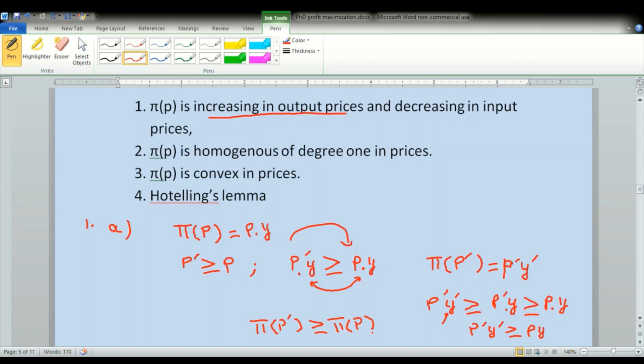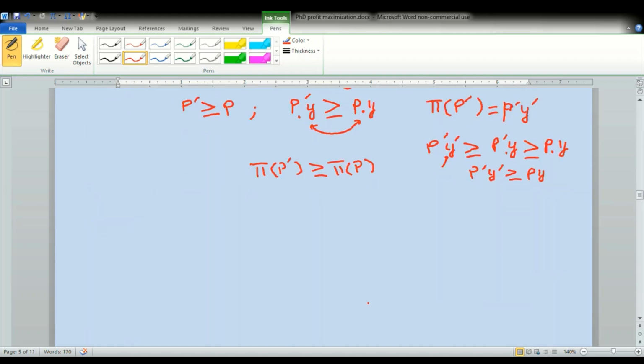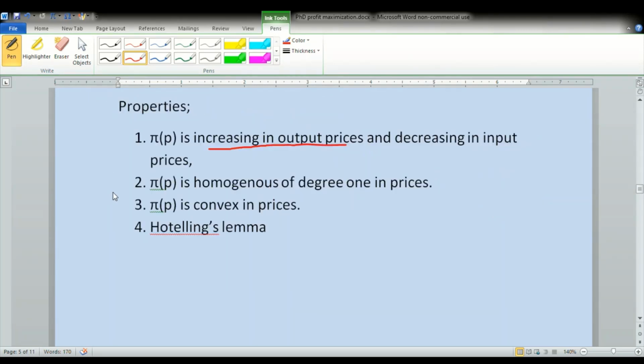So this is with respect to output prices.